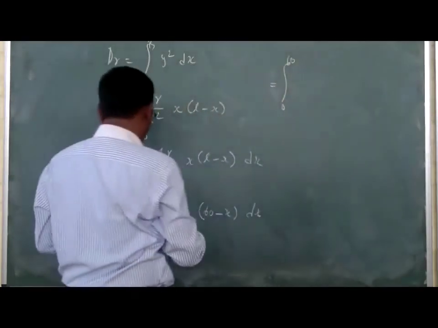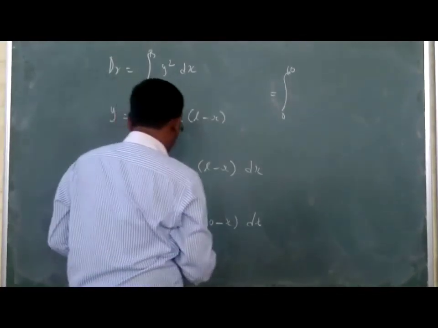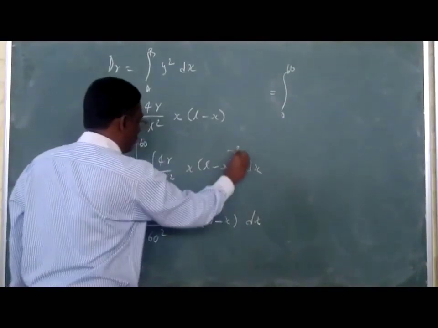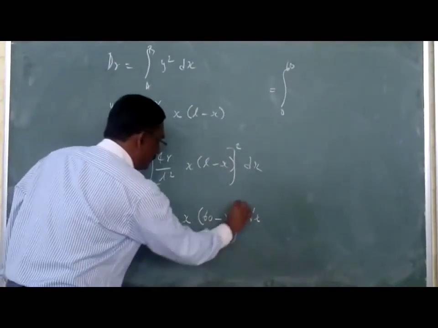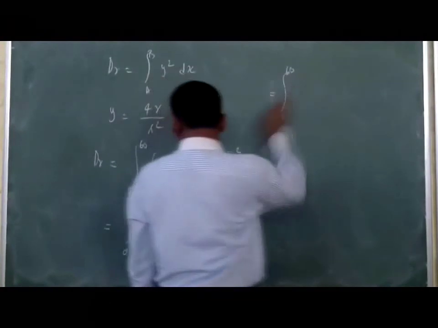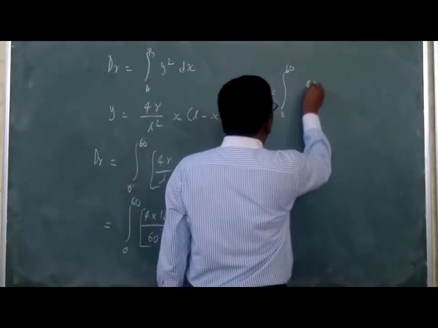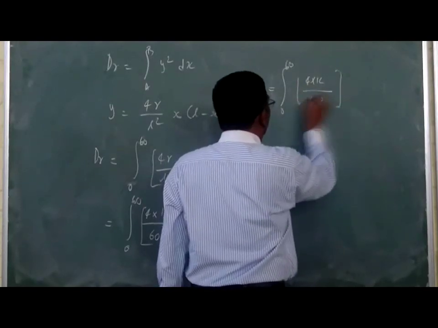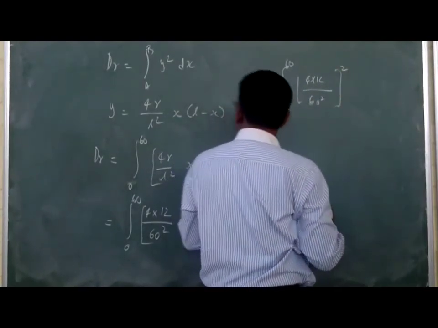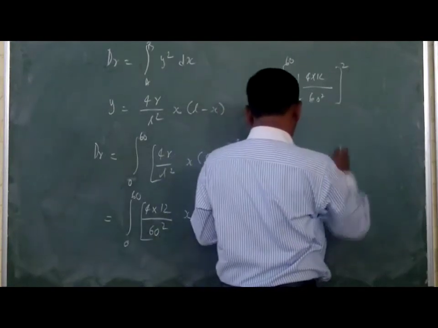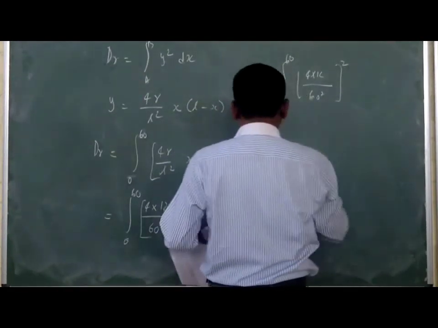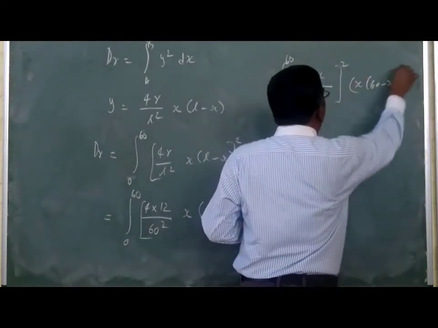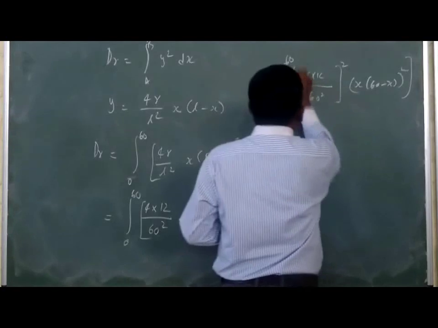Let us simplify this component. Here it is y square, so it is to be squared out. So here it is 0 to 60, 4 into 12 by 60 square, to the whole square, into taking this component x into 60 minus x whole square dx.